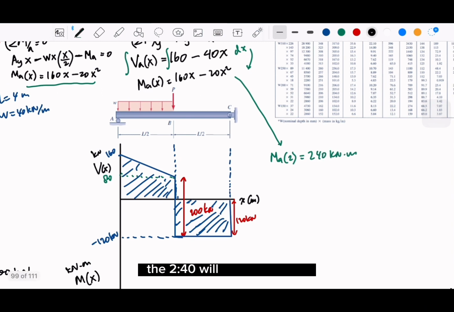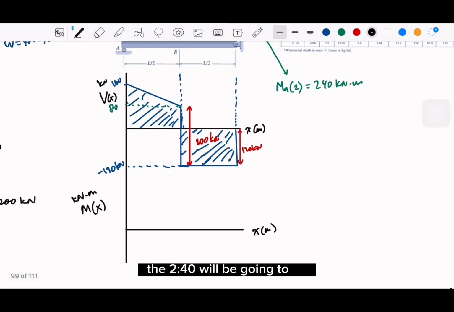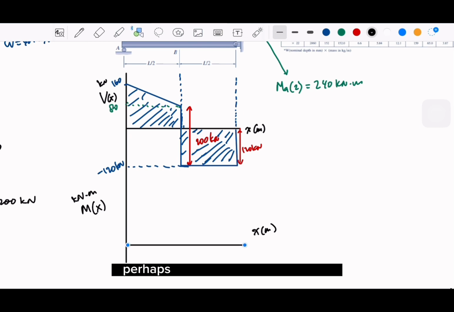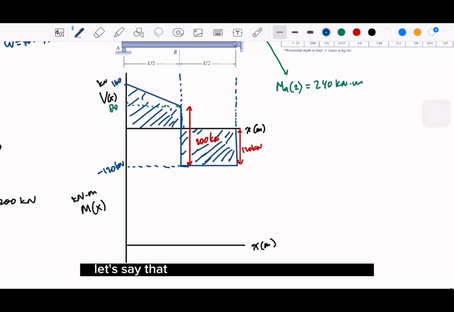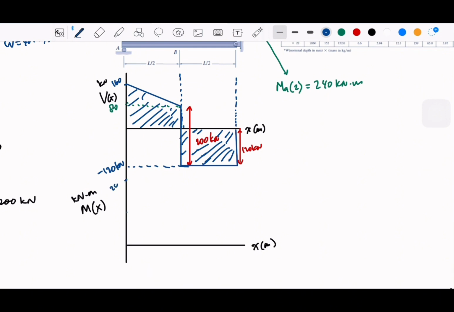So perhaps this is a little bit down here, let's say this is 100, 200, maybe here 240. That is when x equals 2.